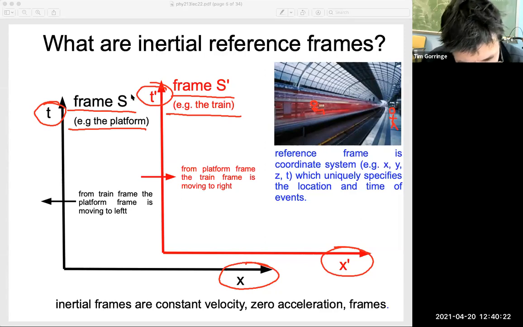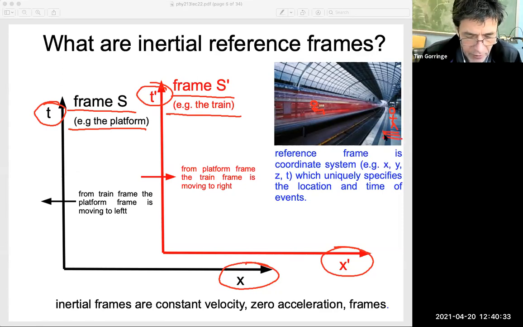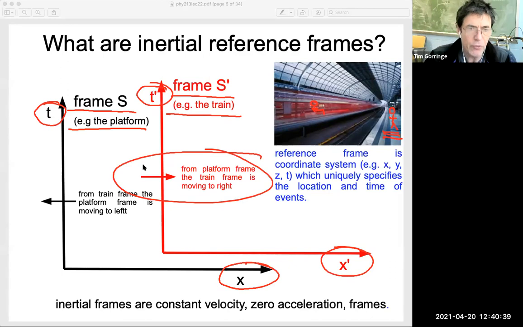And importantly, if you're in the platform reference frame, so supposing you're the platform observer here on the right, then you see the train reference frame is moving by you. You're at rest in the platform reference frame.